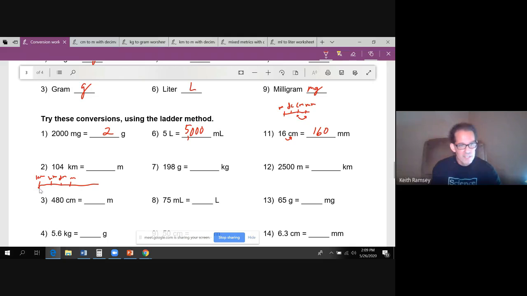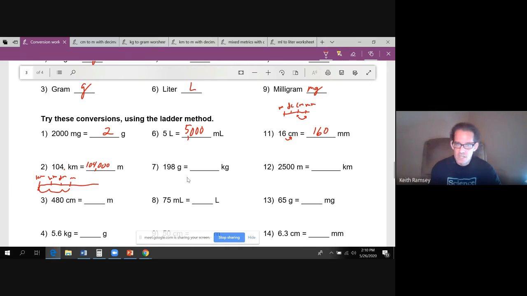So if I'm right here at 104, I've got to move my decimal once, twice, 3 times to get it to a meter. So here's my decimal now. I'm going to put 3 zeros after that. So this becomes 104,000 meters.